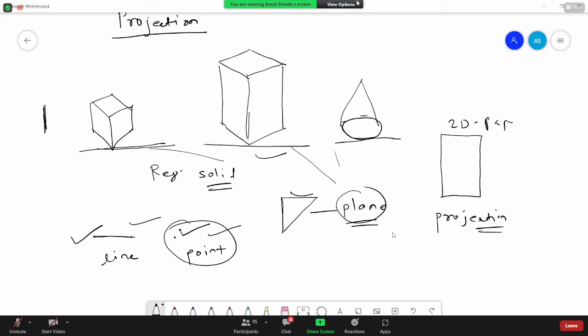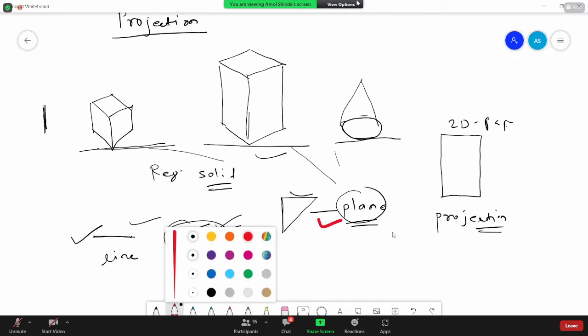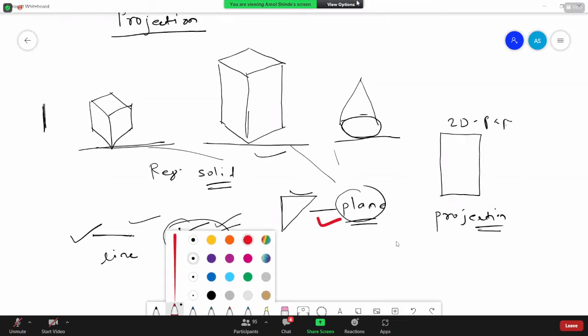Correct, everyone? What is projection? Projection is nothing but the image of an object or entity, which may be a point, a line, a plane, or a solid, on 2D paper.